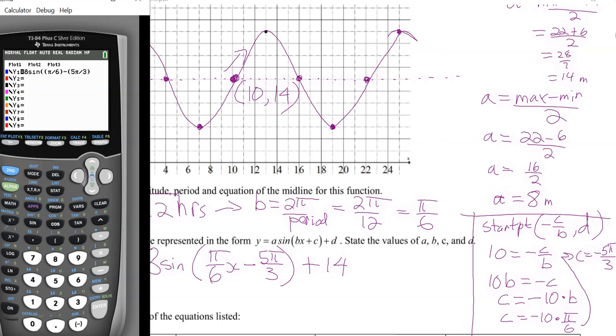Oh, but I need an x after the pi over 6, so I'm going to go back here. I forgot to put it in, so you go second function, insert, and then you can put in the x. If you ever forget to put something in on a line, you can just go to the spot you want and do second function, delete, and it'll insert. After the 5 pi over 3, we're going to close that bracket and then go plus 14.